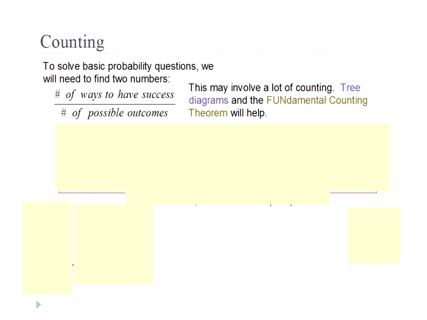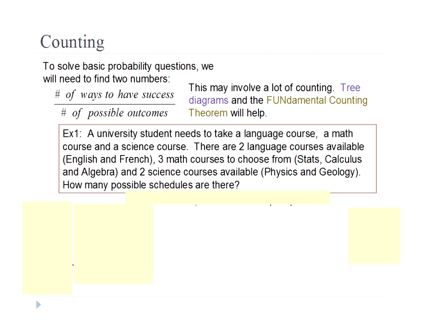One of the ways that will help us to calculate these numbers is using tree diagrams or the fundamental counting theorem. And we'll do this with an example. As university students, you have to take a language course, a math course, and a science course. There's 2 language courses, there's 3 math courses to choose from, and there's 2 science.